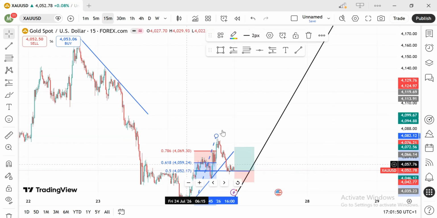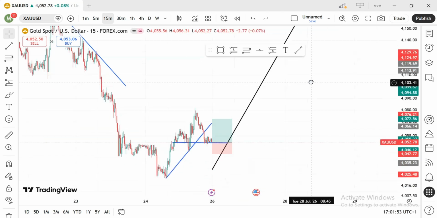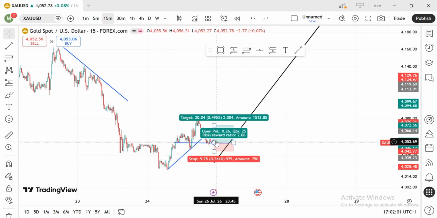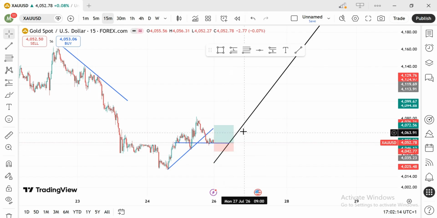So let me take out this Fibonacci so that it will be clearer. We are going to buy on Monday, and so if we are going to buy, it means we should expect a pullback on Monday, and we should hit a TP on Monday. So this is 1:2, 200 pips, then 100 pips SL, 1:2.